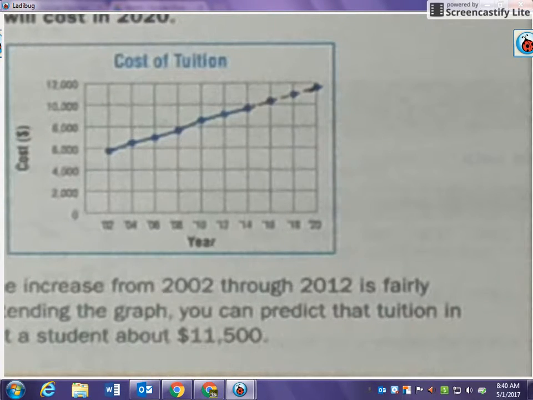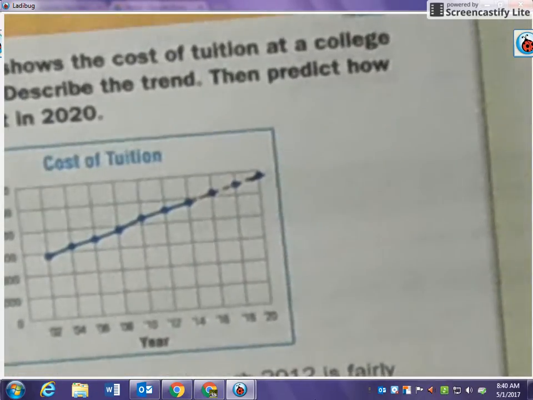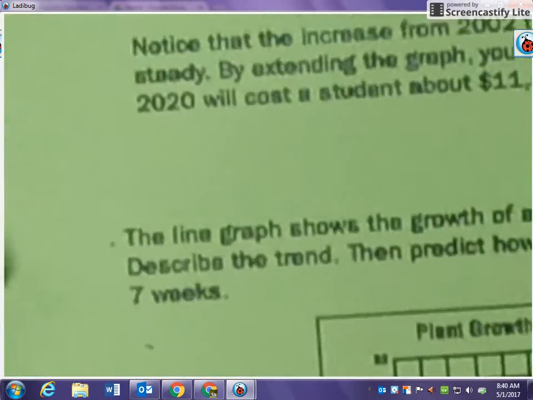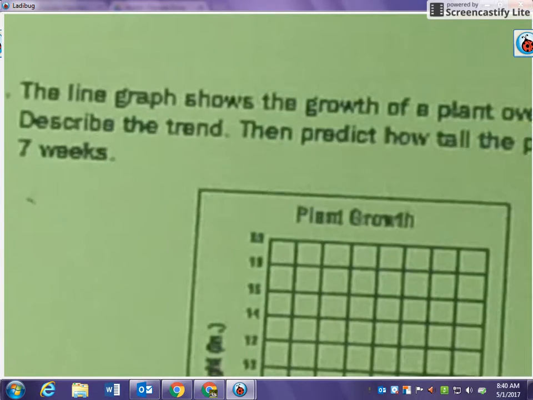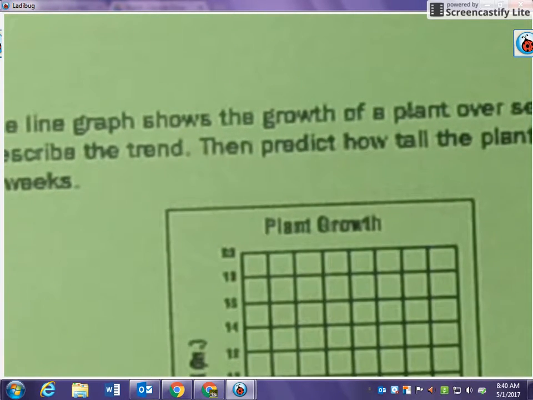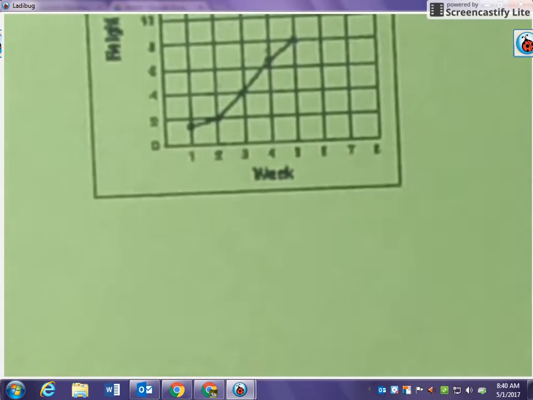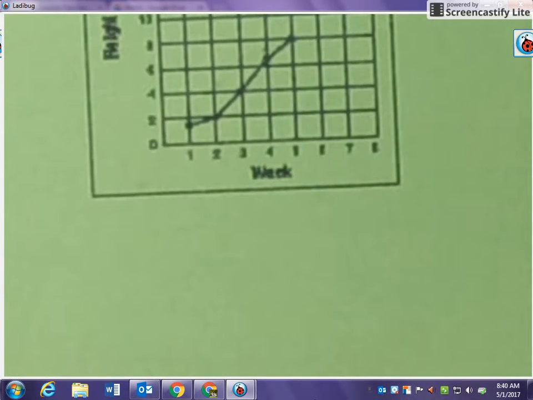Do you guys actually want to try one now? This one is a plant growing. So the line graph shows the growth of a plant over several weeks. Describe the trend. So what's happening to our plant? He's growing bigger. That's good, right? That's what we want plants to do.